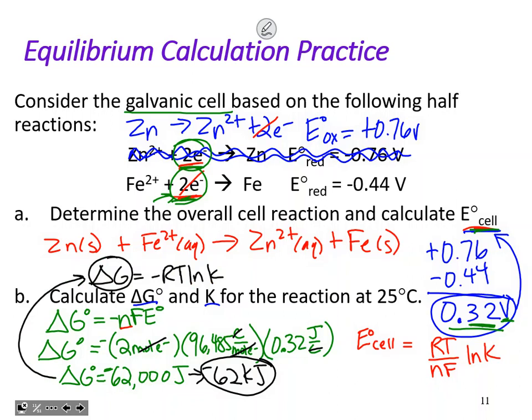And since you're finding that from here, that's why this version is a better deal for finding ln K.